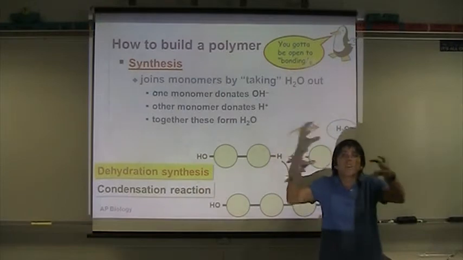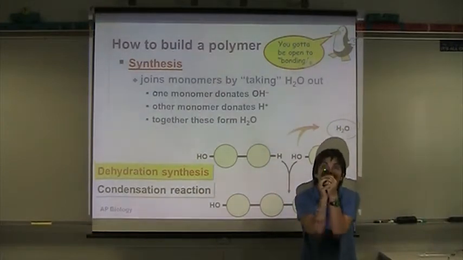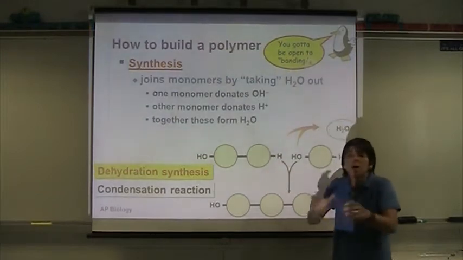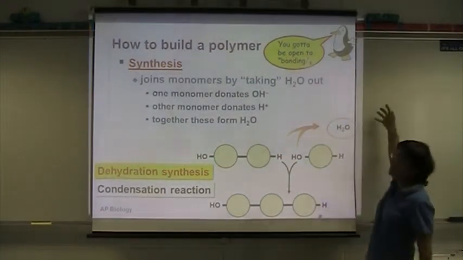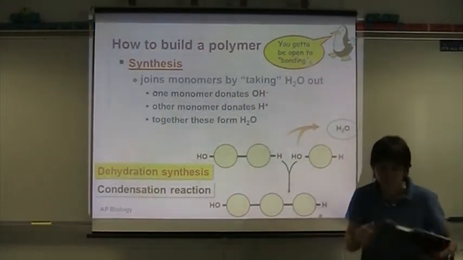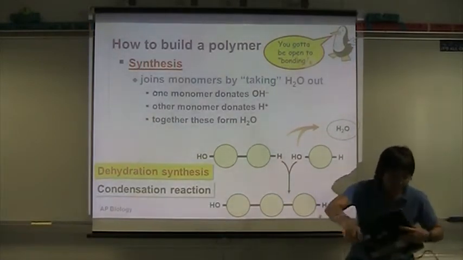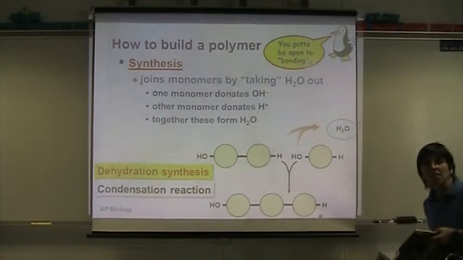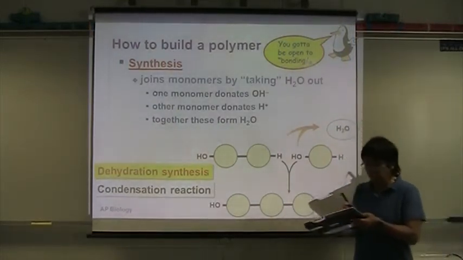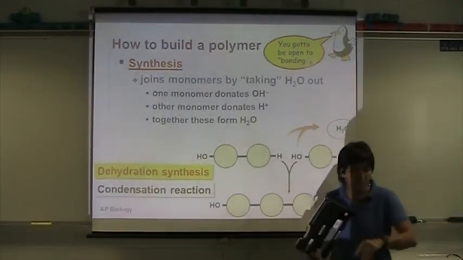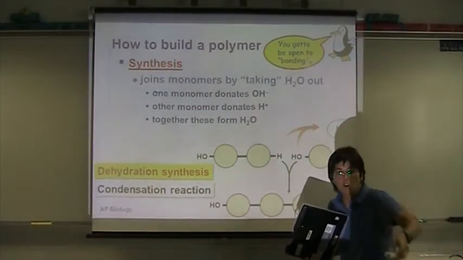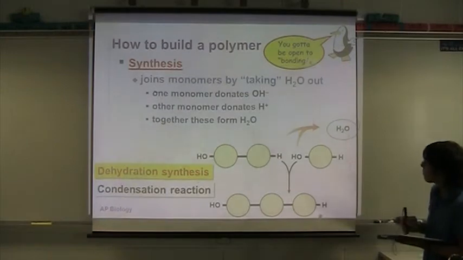Think, when you condense things, they get smaller. Think of condensed milk, condensed soup. They get smaller. And how do they get smaller? Because you are removing water from them. So this is condensation, let's get it tangled up. Condensation reaction or dehydration synthesis is what allows you to form these polymers. Every time you join another one, you lose a molecule of water.